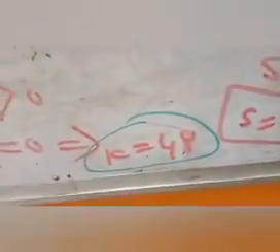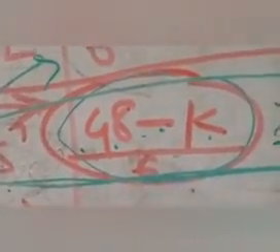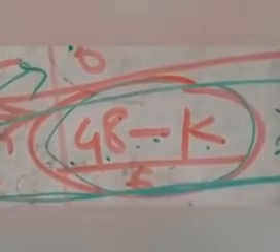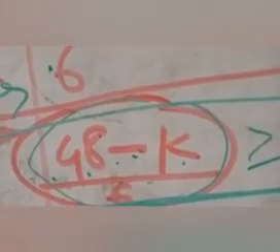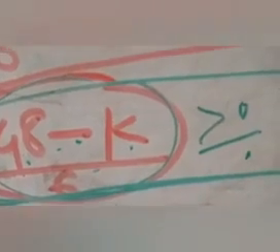Therefore k is equal to 48, and when we put k equal to 48 in this equation, it is 0. At k equal to 48, the root locus plot intersects the imaginary axis, and the value of s at the intersection point is determined by solving the auxiliary equation.